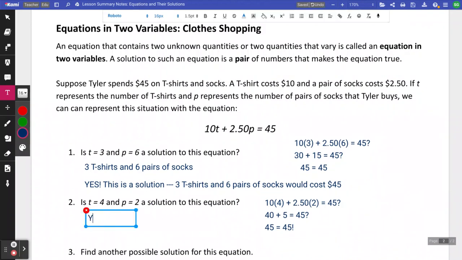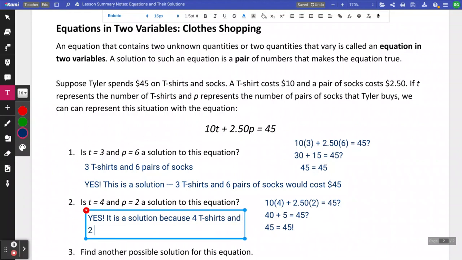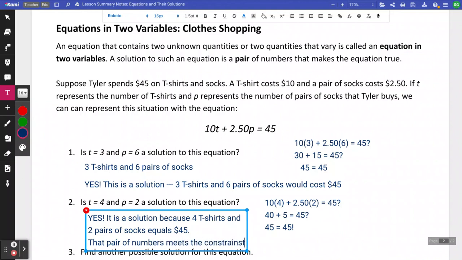So I'm going to say something similar to above. Yes, it is a solution because, let me write that. It is a solution because 4 t-shirts and 2 pairs of socks equals $45. In other words, that pair of numbers meets the constraints of the problem.